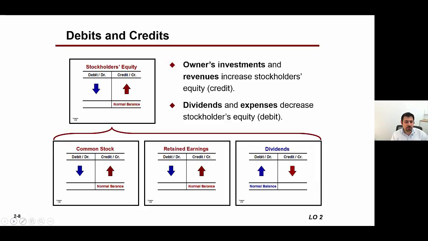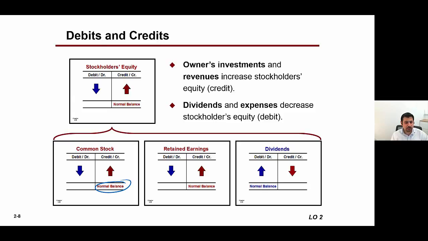Revenues, the more revenues you have, the higher stockholders' equity. The same can be said about common stock. When common stock increases, stockholders' equity increases as well. So it behaves like liabilities: common stock has a normal credit balance.